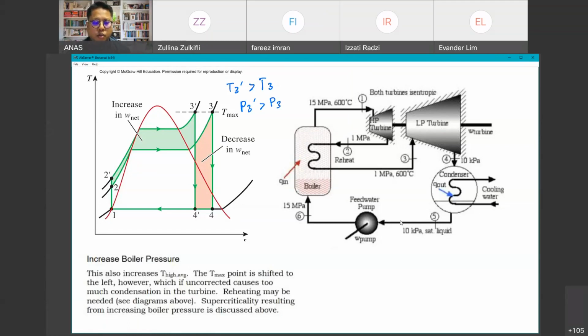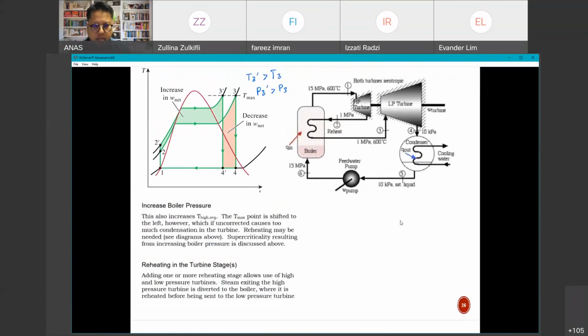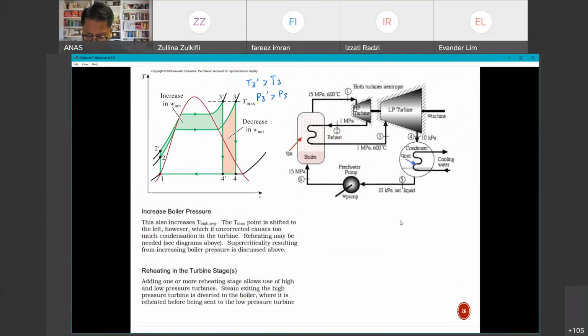So we can use this particular method by using reheating, reheating in the turbine stage. If we add one or more reheating stages, we can reheat the steam coming out from the first turbine and then enter it again into the second turbine, so that we can reduce the possibility of moisture content.